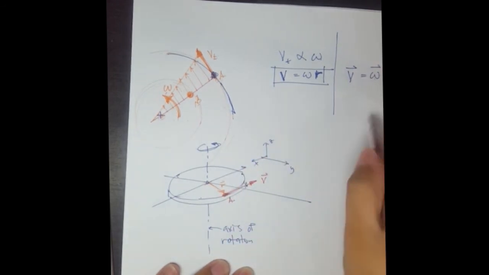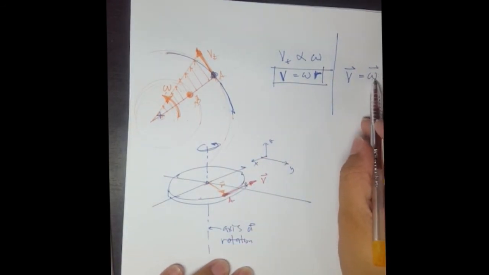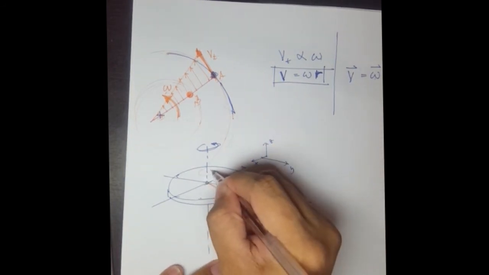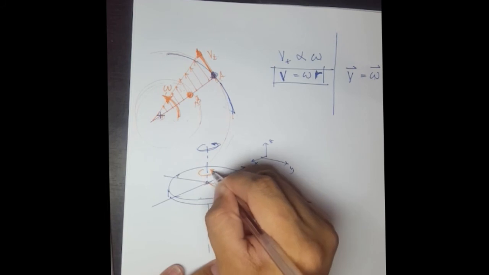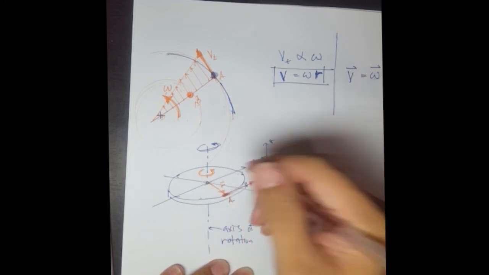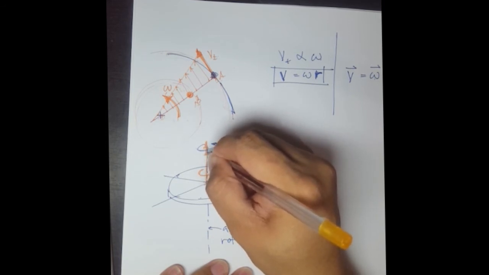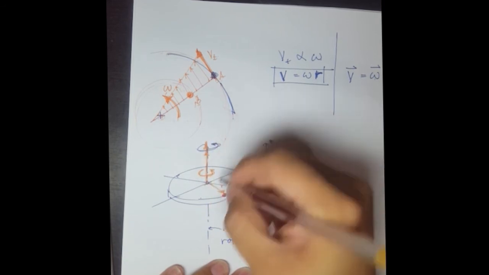Right, so the angular velocity is also a vector. Basically it's just a rotation here, but it's actually a vector that produces rotation. So we can draw a double dot. Let's just say this is another vector.